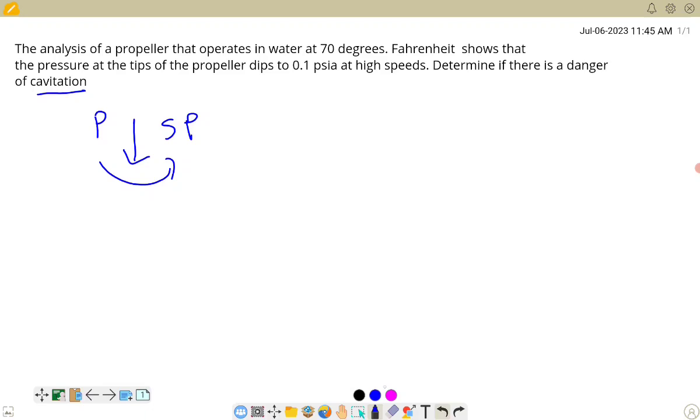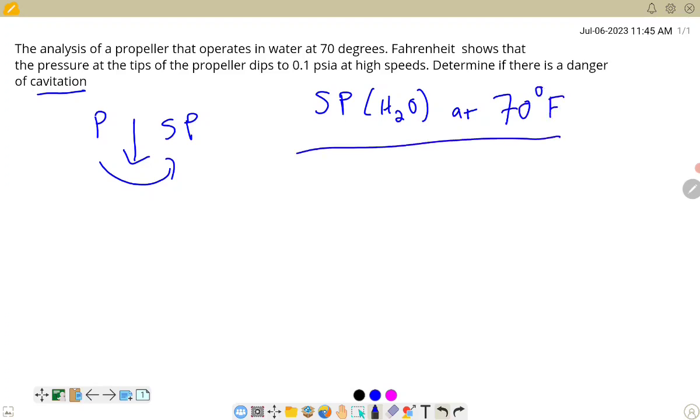So we're going to have to go look on the table and see if the pressure, which is at 0.1 psia, is beneath the saturation pressure. So the saturation pressure of water at 70 degrees Fahrenheit, coming from the table here, we're going to have to find that.